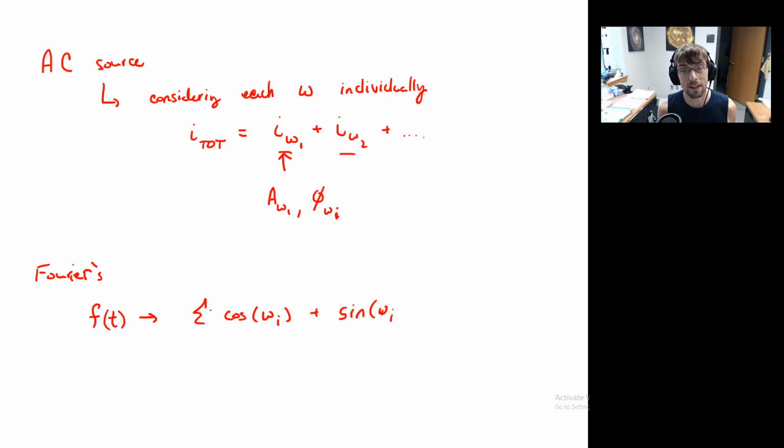Which means that we can find the individual contributions of each cosine to a current, right? If I want to know these cosines, then I've got due to omega 1 plus due to omega 2 plus due to omega 3, dot, dot, dot.